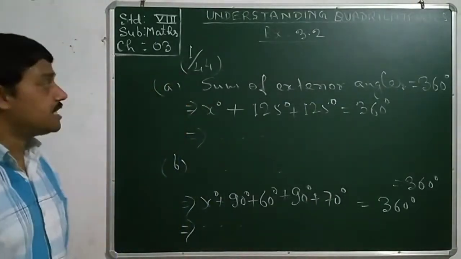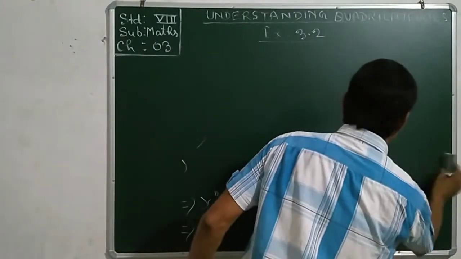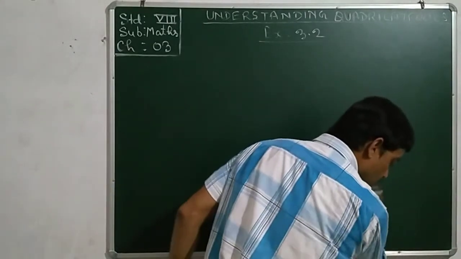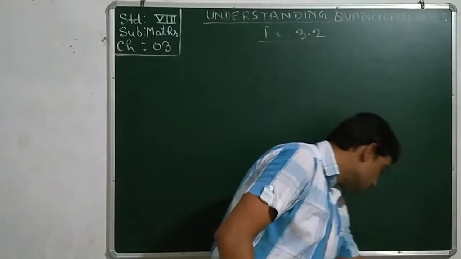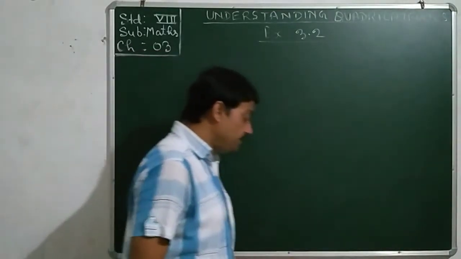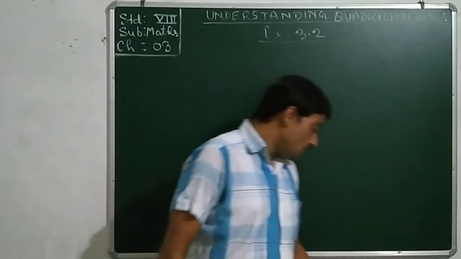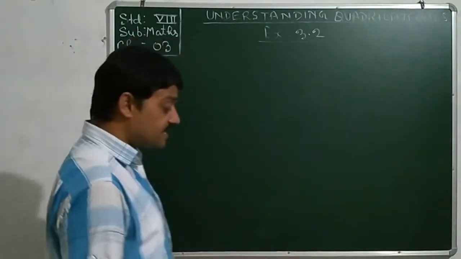Come to the second sum now. In the second sum, the number of sides is given. Find the measure of each exterior angle of a regular polygon of 9 sides.